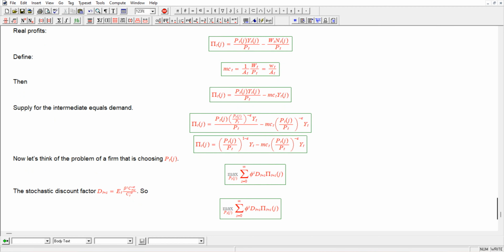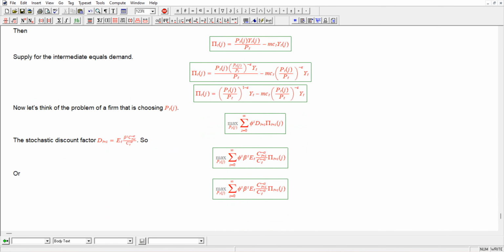So the firm's problem is the following. And since this is a constant, we can actually take it out. We can rewrite this using this equation, where we have to appropriately update all these terms.